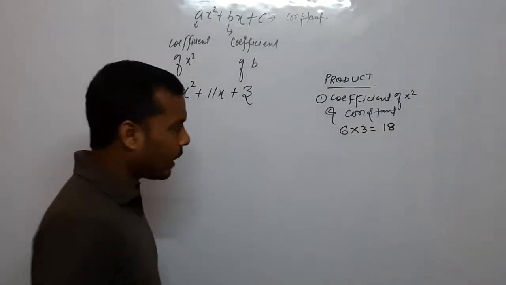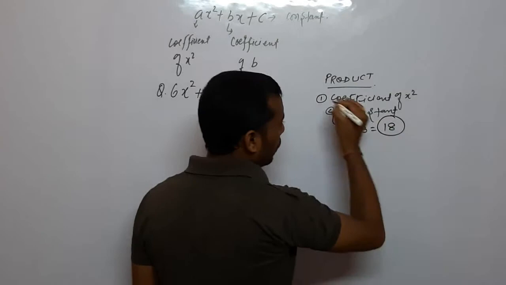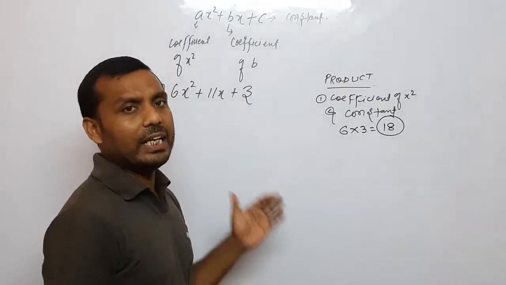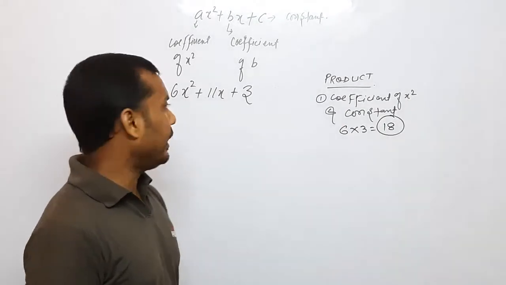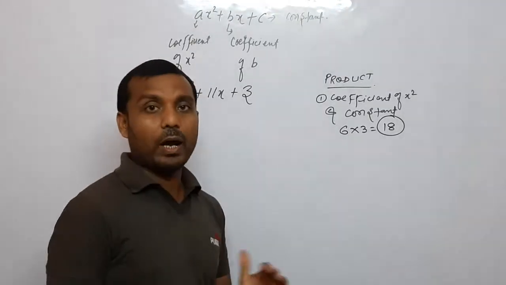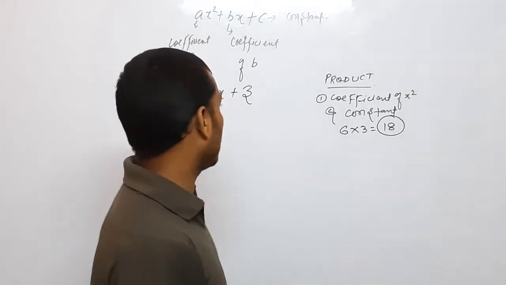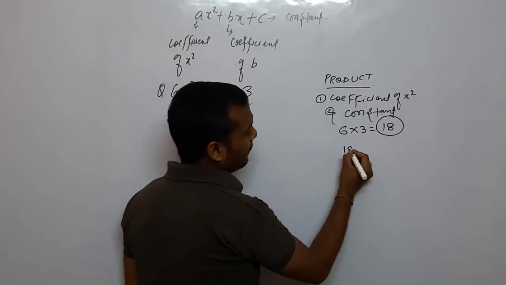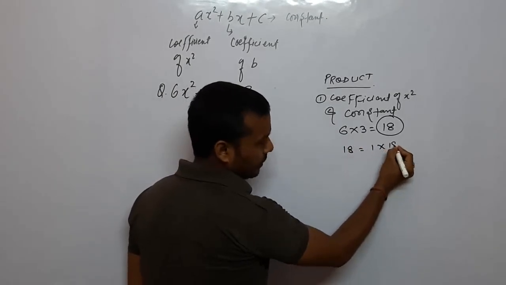Okay. Now for this 18, we have to take its factors in such a way that by addition or subtraction we get the middle term. See, 18 can be written as 1 into 18.